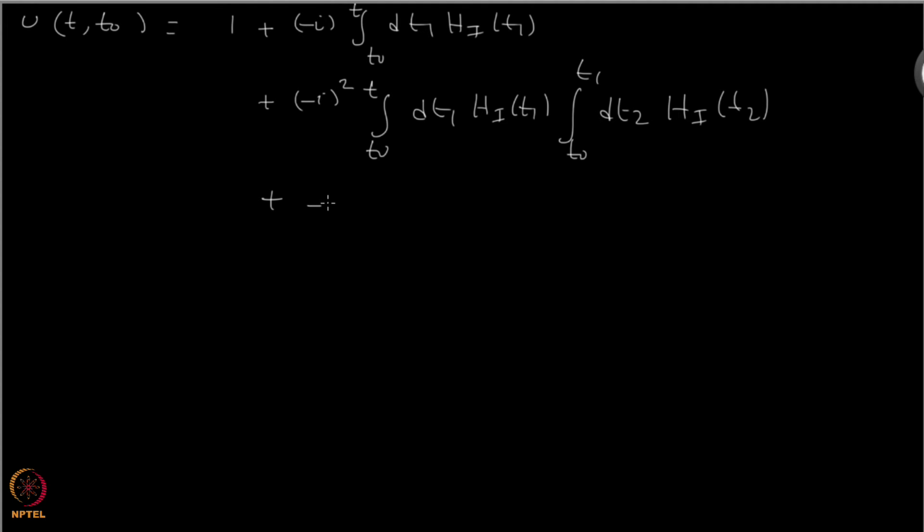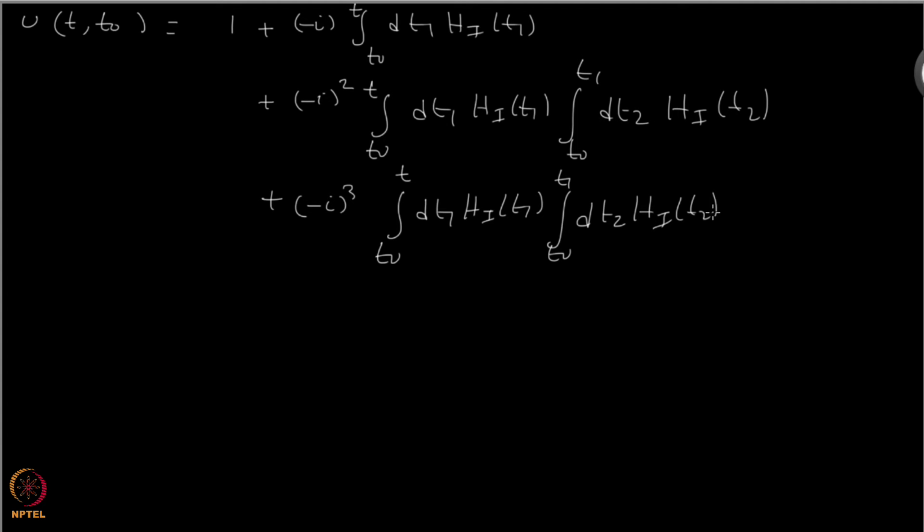It was minus i squared, now minus i cubed, integral t naught to t dt1 Hi of t1, integral t0 to t1 dt2 Hi of t2, integral t0 to t2 dt3 Hi of t3, and you continue like this.